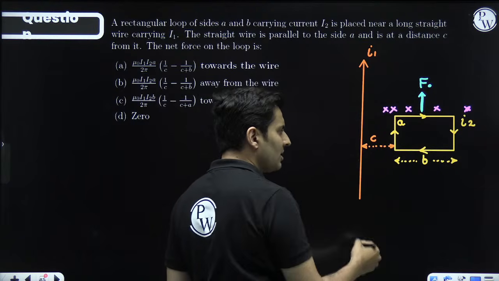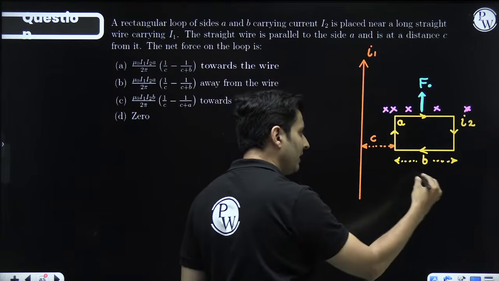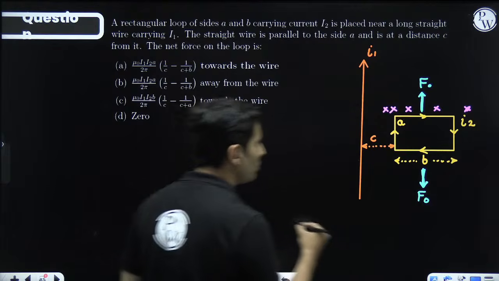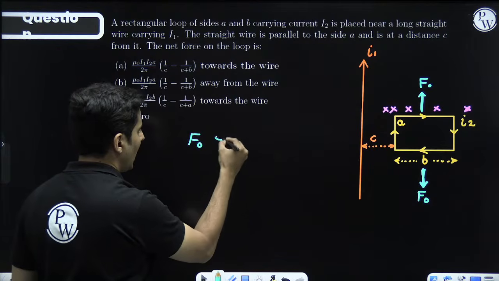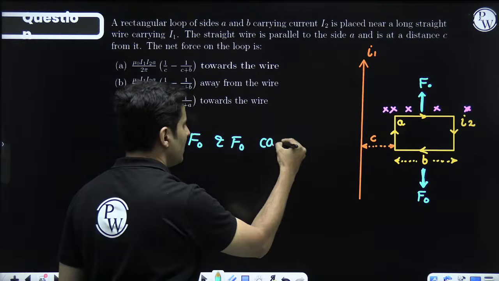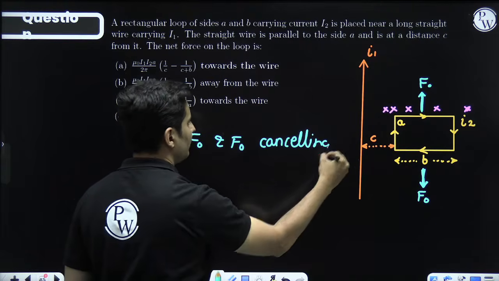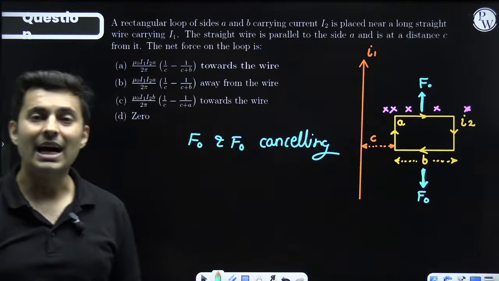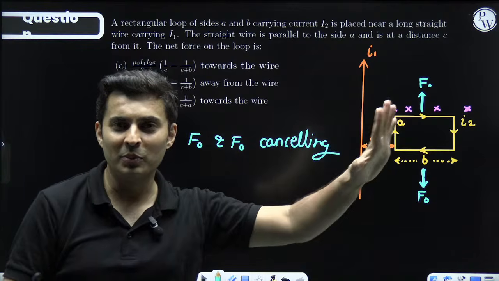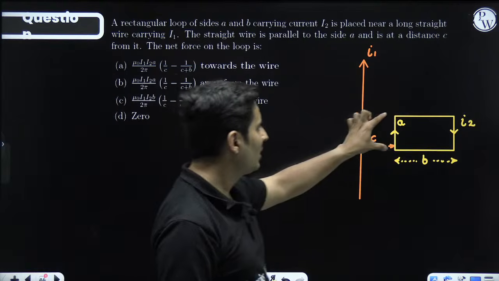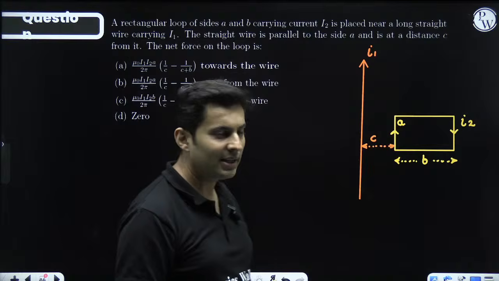If you consider this wire, the same magnetic field will create a force like this. Now these two, F0 and F0, cancel each other out. So don't worry about them. Focus your complete attention on this part and this part.